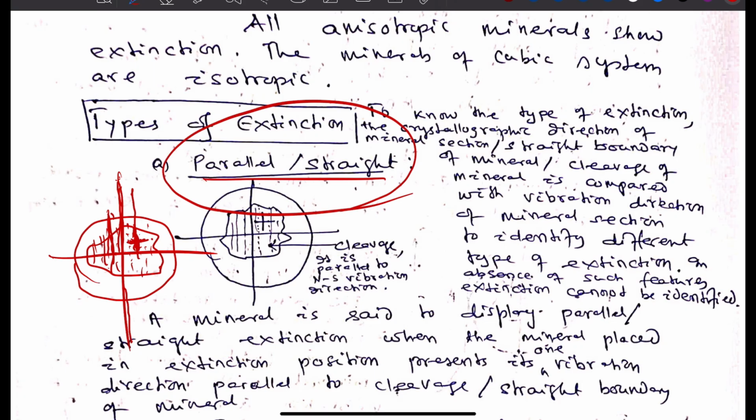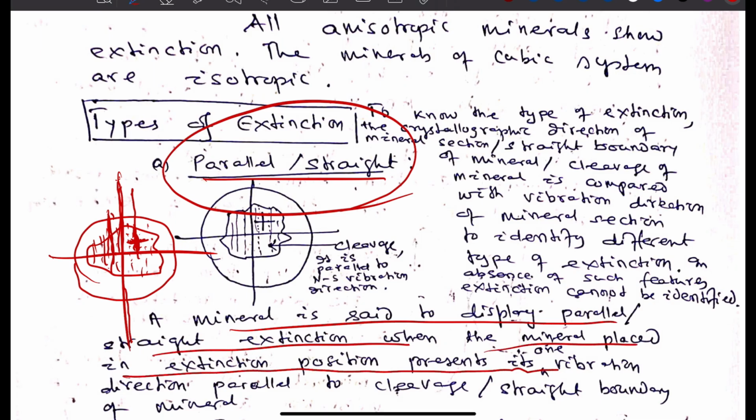This type of extinction is called straight extinction, and here the extinction angle is 0. The mineral is said to display straight extinction when the mineral placed in the position of extinction presents one of its vibration directions parallel to the cleavage or straight boundary. So here the extinction angle is 0.